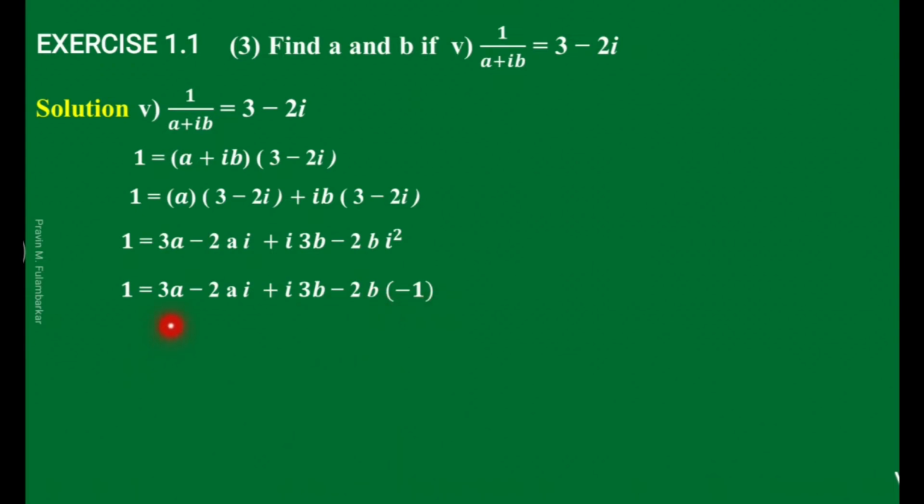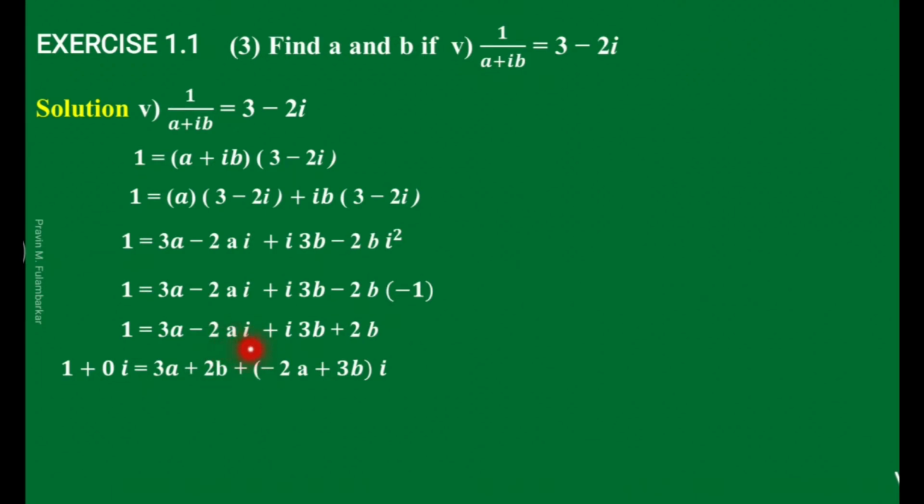So we collect this real part, 3a minus minus plus 2b. Then we have to add this 3a with 2b. So in left hand side we write this 1 as 1 plus 0i. We collect real part with real part. So we write 3a plus twice b.